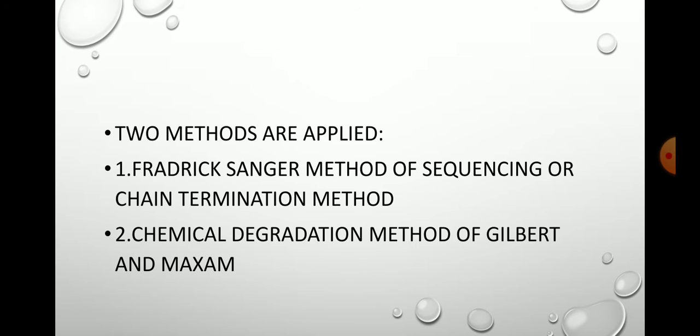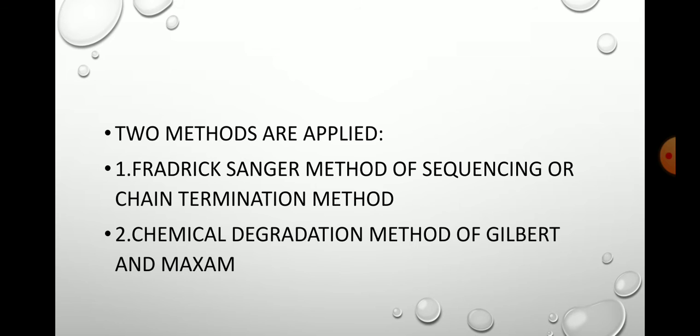It stands for d, that is di, d, deoxy, N, the nitrogenous base, and T stands for tri and P stands for phosphate. So these are the basic requirements for the sequencing of the DNA.